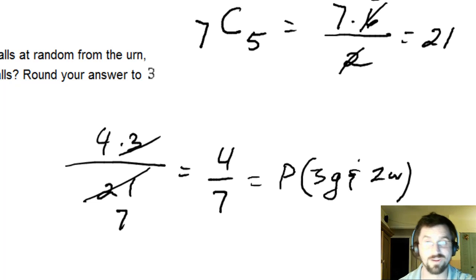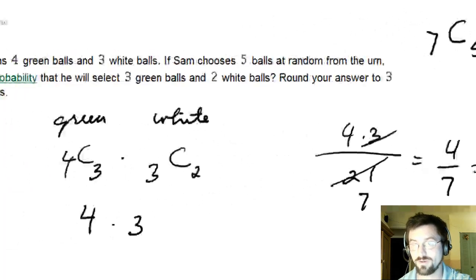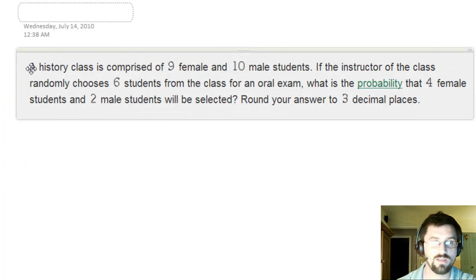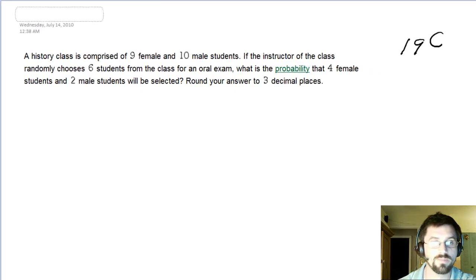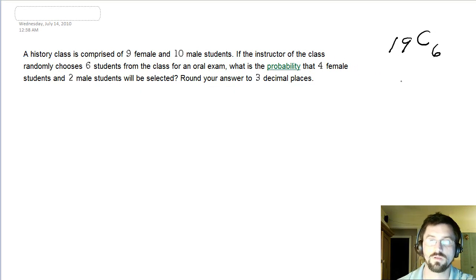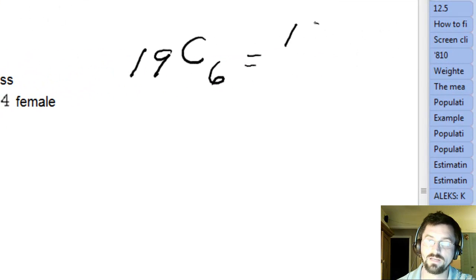Alright, hopefully you're getting the hang of this. Let's do another one. History class, 9 females, 10 males. So our sample space is 19, and we're choosing 6. So it's 19 choose 6. It's going to be 19 factorial divided by 13 factorial times 6 factorial.